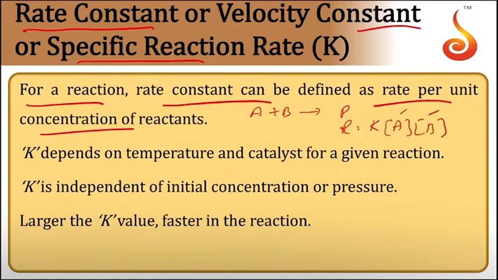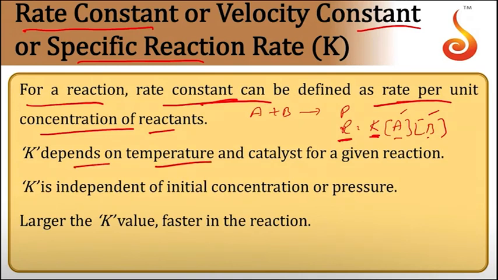If you take [A] and [B] as 1, then K becomes equal to rate only. So K is defined as rate per unit concentrations of these two substances. So rate constant can be defined as rate per unit concentration of reacting substances.